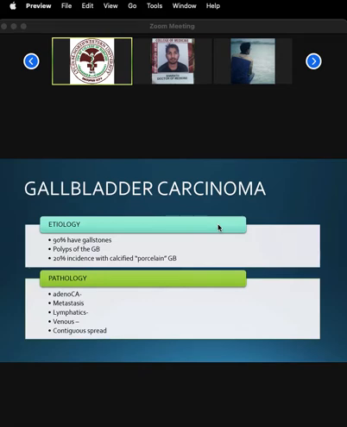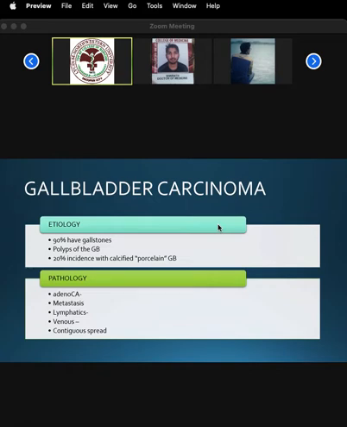So, etiology, 90% of patients have gallstones. This also tells us that you have a 20-year risk of developing carcinoma, and this is about 0.5% for the overall population, and 1.5% of patients in the high risk group, including patients with gallstones, elderly patients.